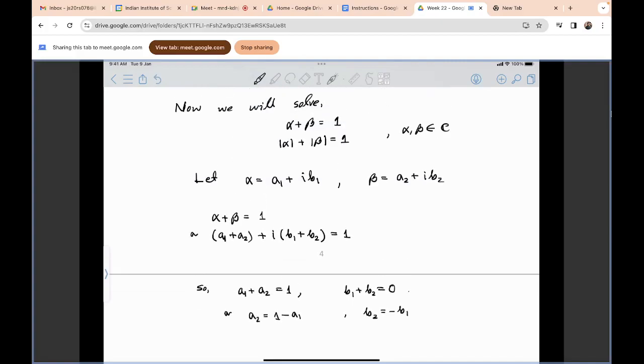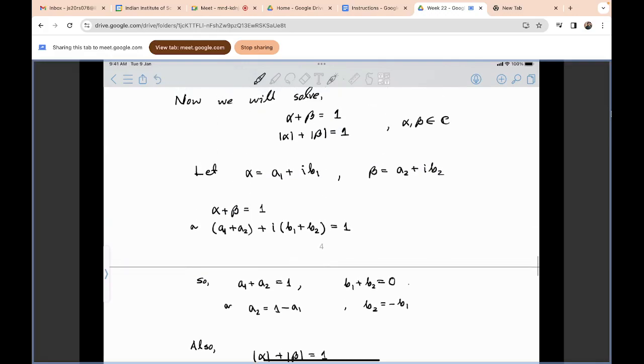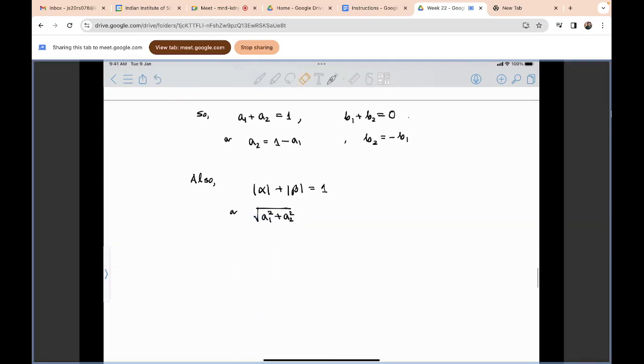Now let's put this in the second one. Mod alpha plus mod beta is 1, or square root of A1 square plus B1 square, plus square root of A2 square plus B2 square, is 1.